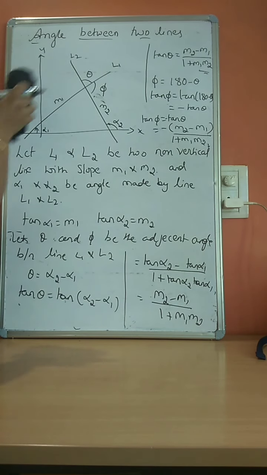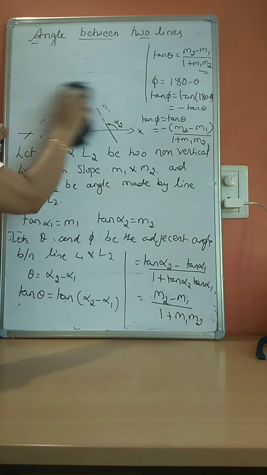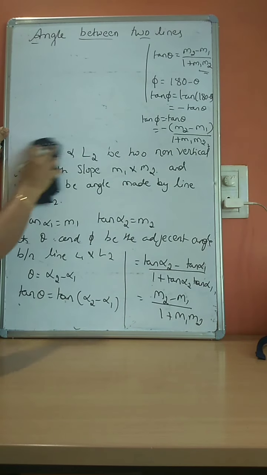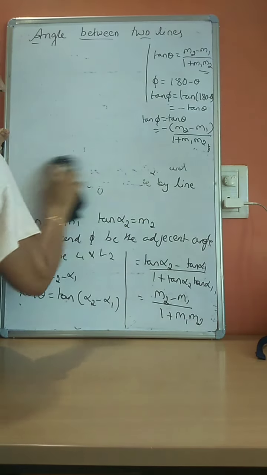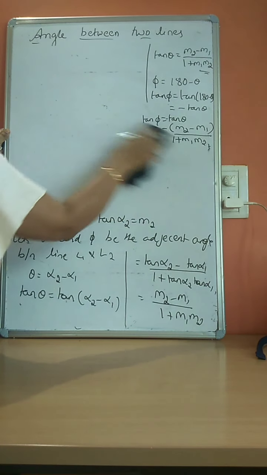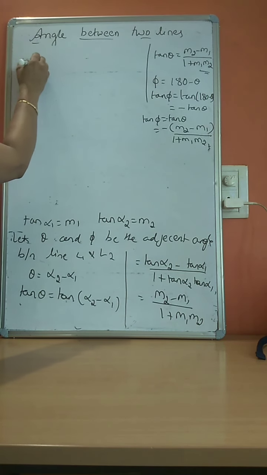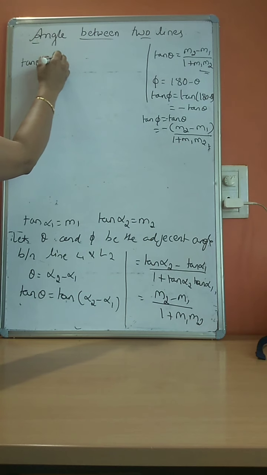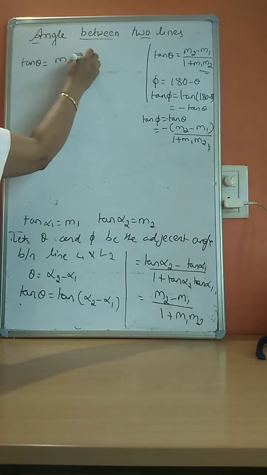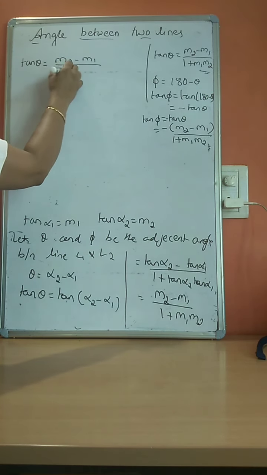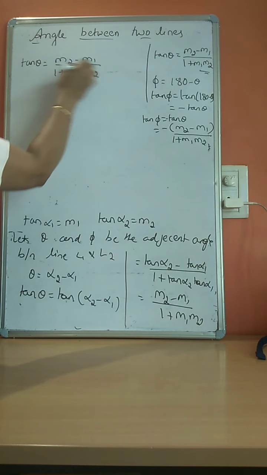Okay, see, so tan theta must be equal to m2 minus m1 divided by 1 plus m1 into m2.